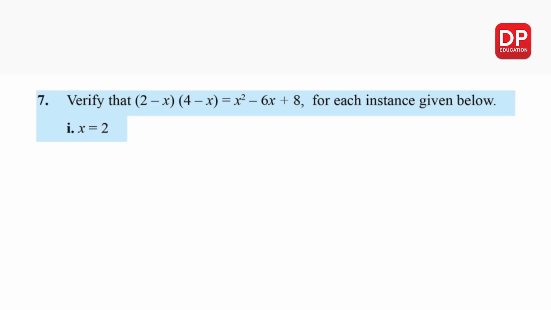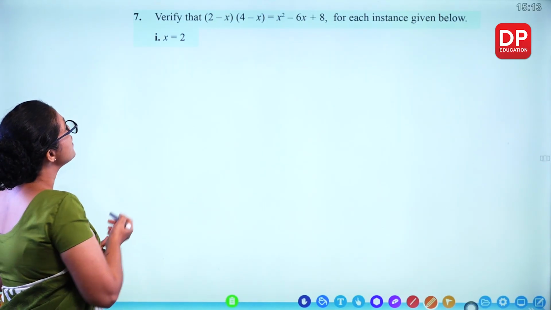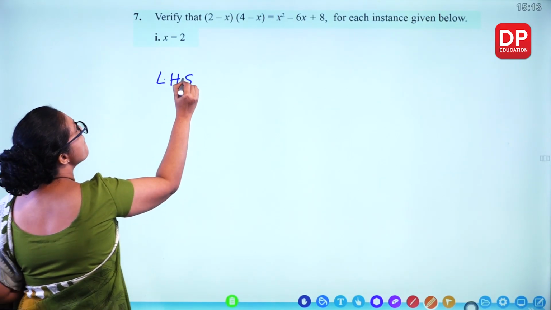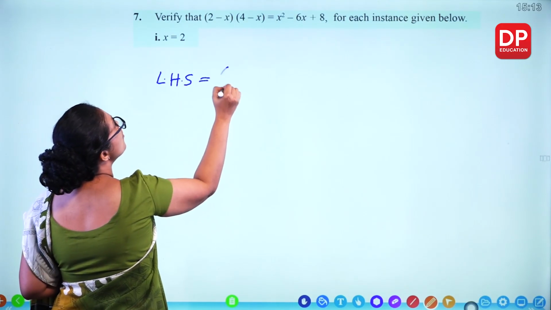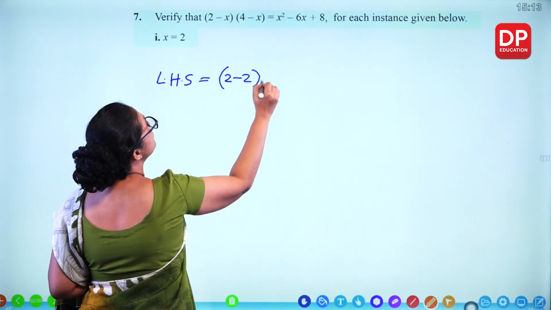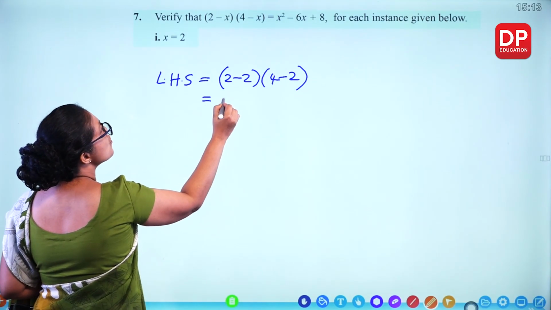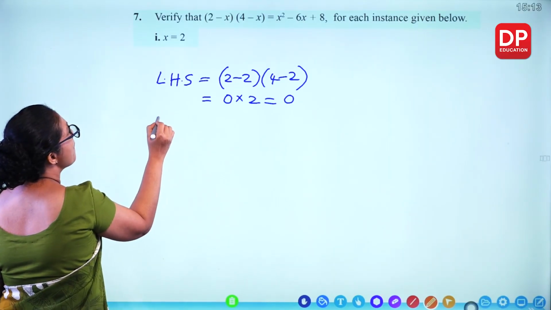Question number 7. Verify this statement for each instance. So this is another question. You have to substitute x equals 2. So we'll take left hand side, x equals 2. 2 minus 2 and 4 minus 2. 2 minus 2, 0. 0 times 2, you get 0.